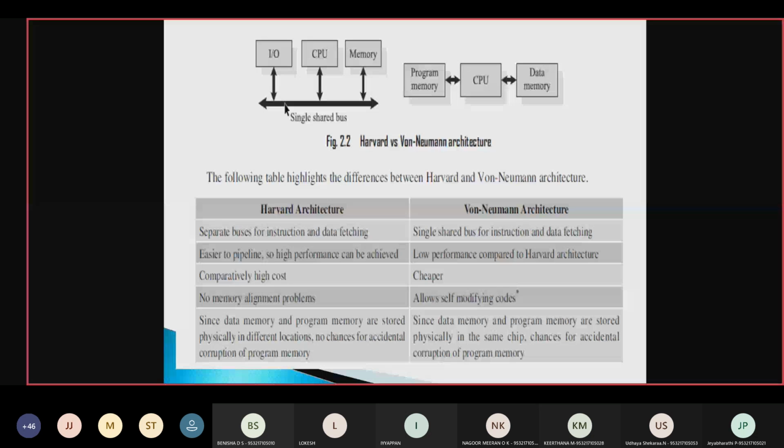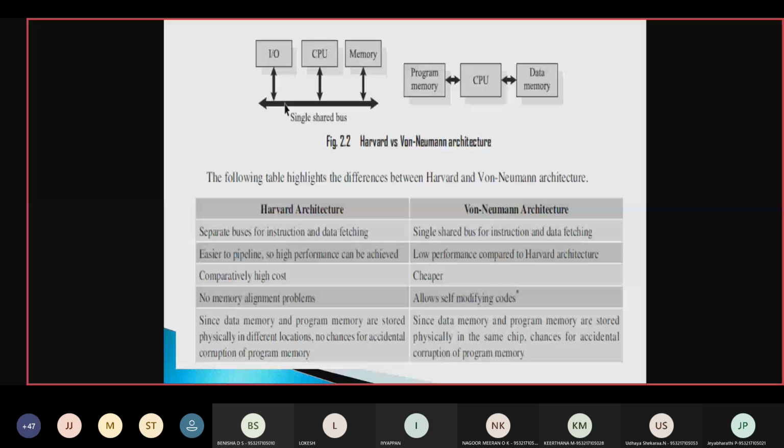I mean to say, for instruction fetching and whatever data we are storing, there are separate buses. Whereas in von Neumann, there is a single shared bus for both instruction and data. So the first diagram is the von Neumann architecture and the second diagram is the Harvard architecture.